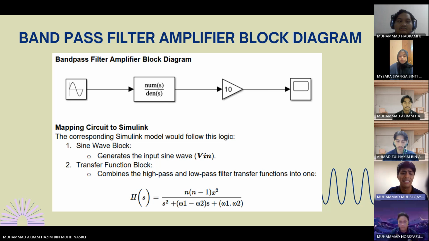It combines the high pass filter and low pass filter functions into one, with the equation here to get the numerator and denominator. And the third one, the amplifier block. The filtered signal is amplified by a gain factor of 10. And then the last one is the output display. V out will be displayed on the monitor.